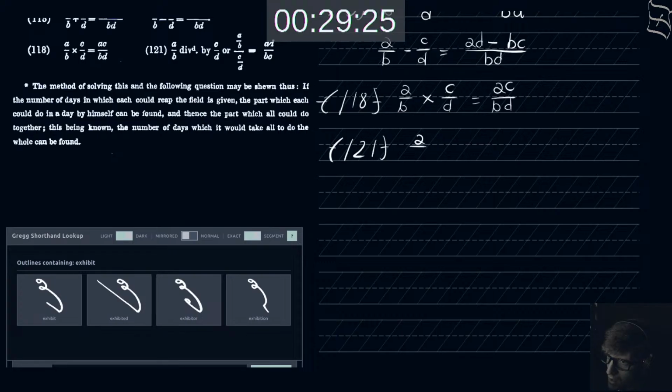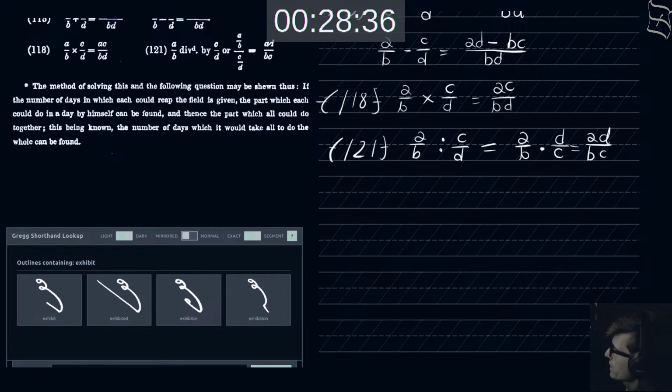If you have A over B, and let's do the ratio symbol, the two dots, A over B divided by C over D. This is going to be the equivalent to A over B times, let's go ahead and show the flipping of the reciprocal first, D over C, which is then the equivalent of AD over BC. And those are all the rules.